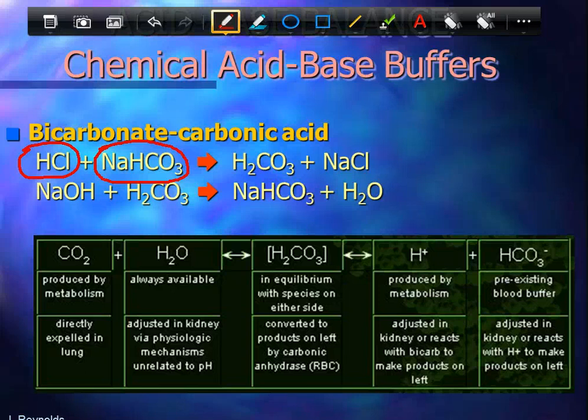All right, weak base, strong acid. Think about what's going to happen here. Bond breaks between H and Cl. Bond breaks between Na and bicarbonate. Again, these are ionically bonded. This hydrogen is going to combine with this bicarbonate right there, and you are going to get carbonic acid. The remaining Na, the remaining Cl, NaCl.